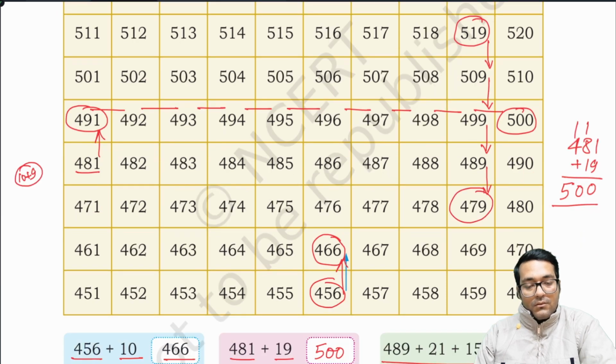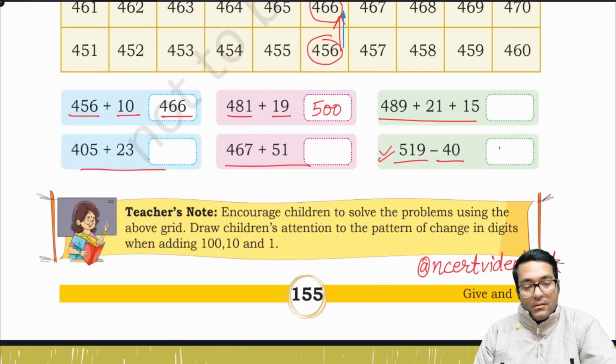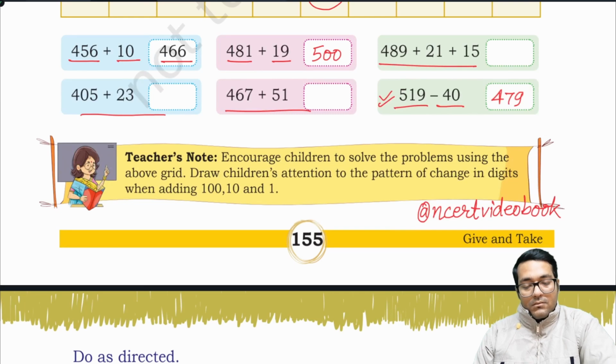The answer is 479. Teacher's note: encourage children to solve the problems using the above grid. Draw children's attention to the pattern of change in digits when adding 100, 10, and 1.